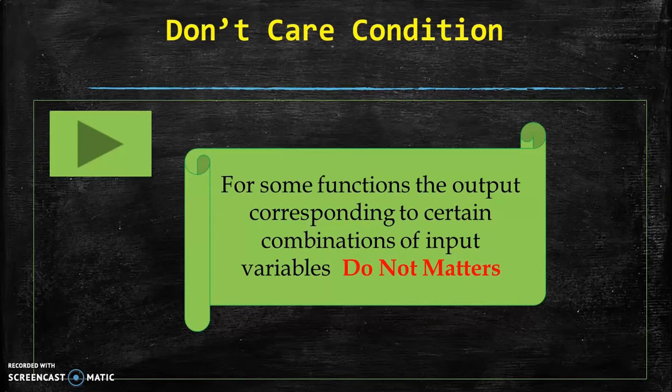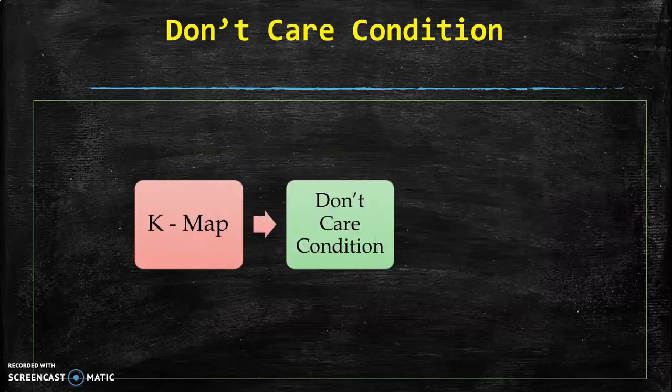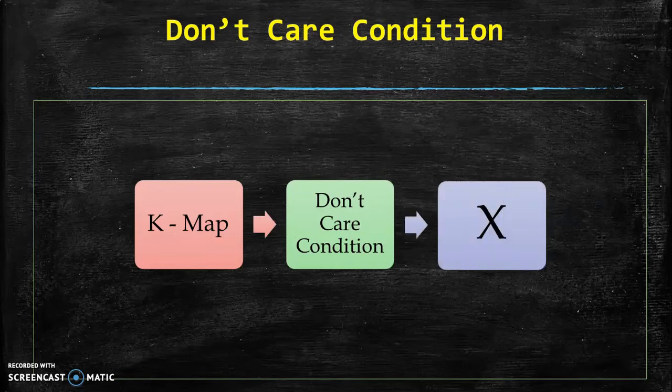In such a situation, we are free to assume a 0 or 1 as output for each such combination, and this condition is known as a don't care condition. In K-map, we can consider this type of output either as a 0 or as a 1 as per our convenience of simplification. In K-map, a don't care condition can be represented with a cross.